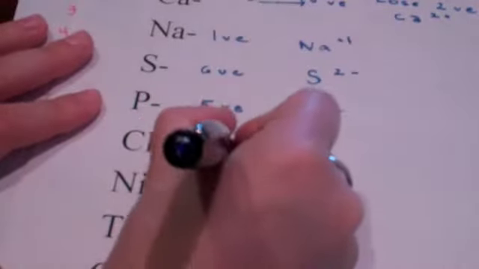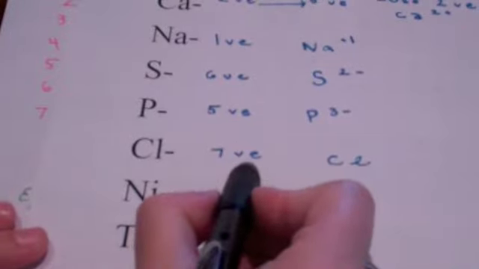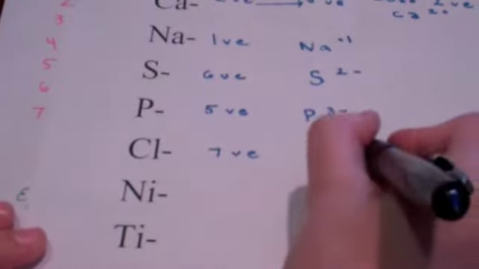Chlorine, count across, and you should get that it has 7 valence electrons. So Cl. Is it easier to lose these 7 or gain 1? It's easier to gain 1. It's going to have a -1 charge.